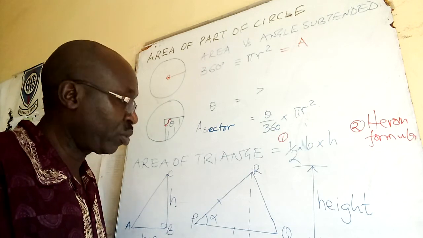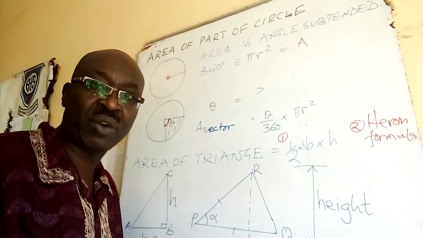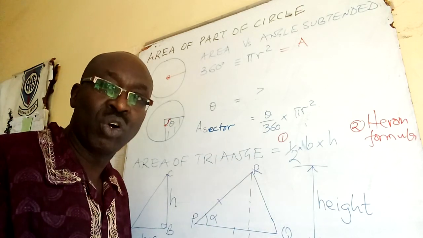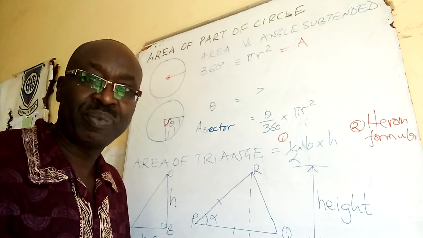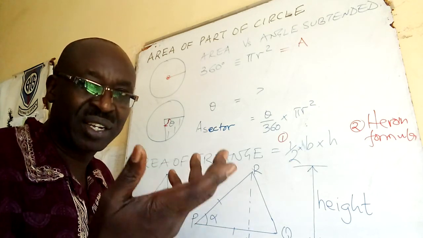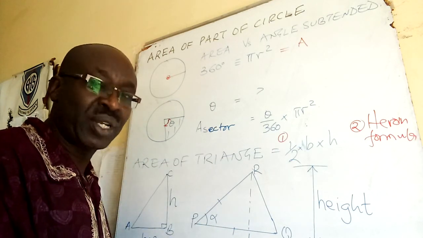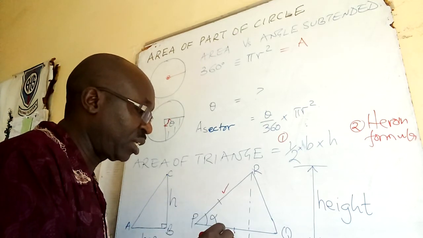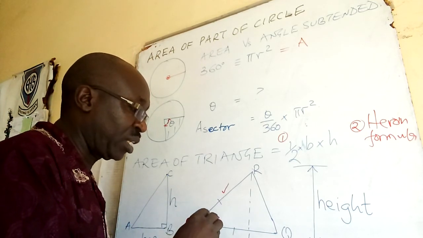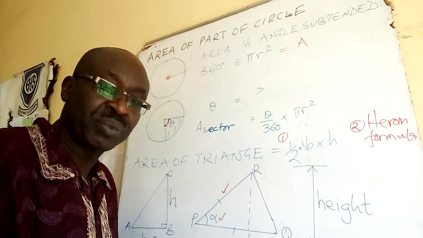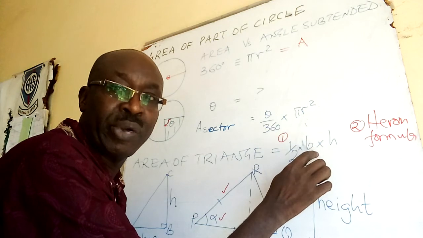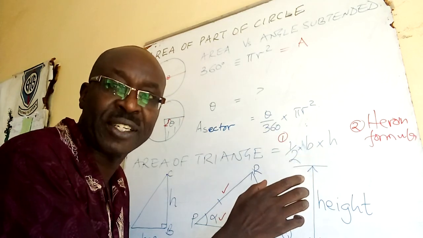For example, you are given an isosceles triangle where PR and PQ are given, and this angle is given. Now, this is not a right-angled triangle. But what is the basic of a half base times height?